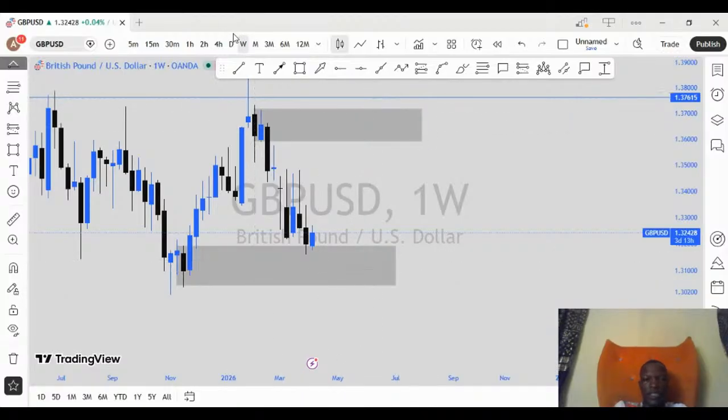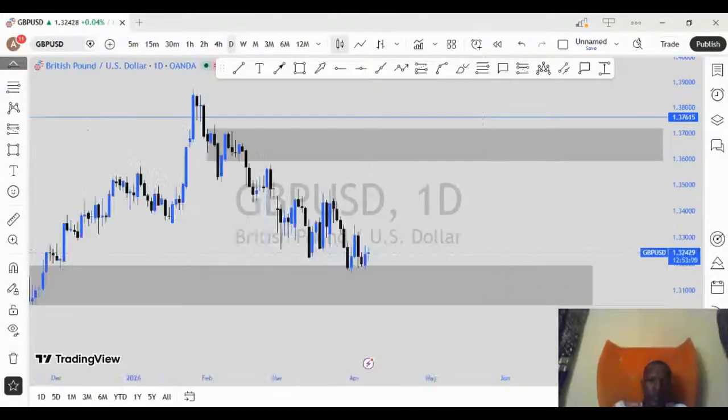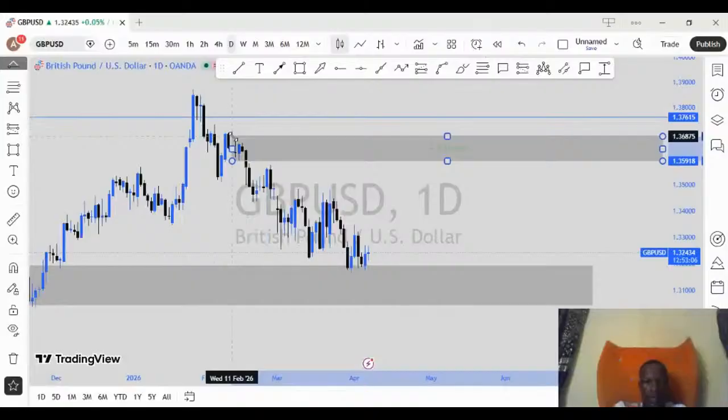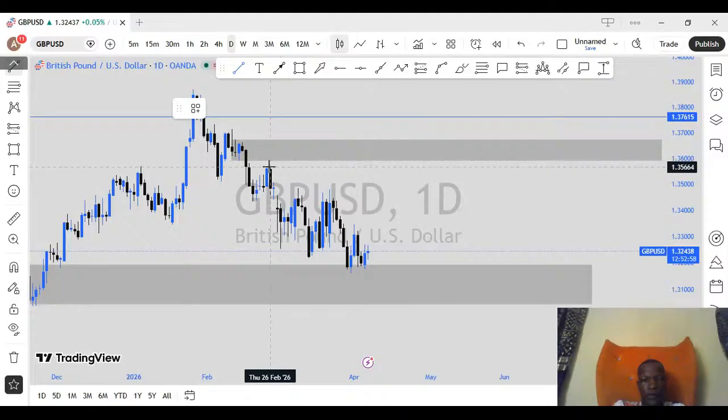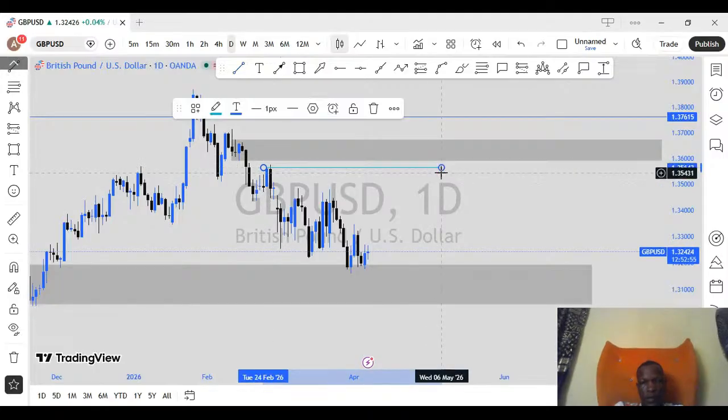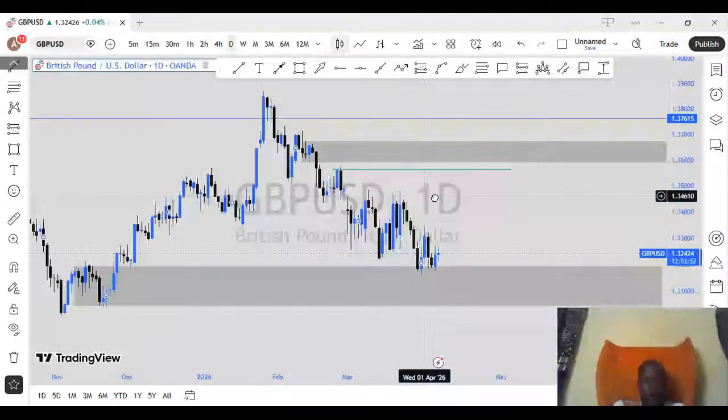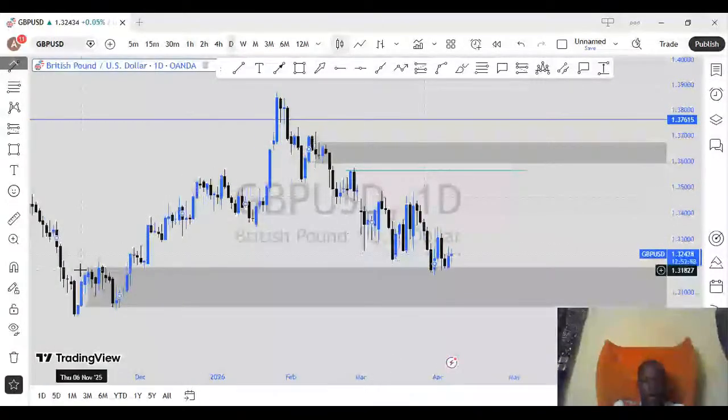Let's see the daily time frame and see what is actually going to happen. On this daily time frame, we can refine the supply zone to this level, and we have this liquidity above this level. The market is reacting at this demand zone.